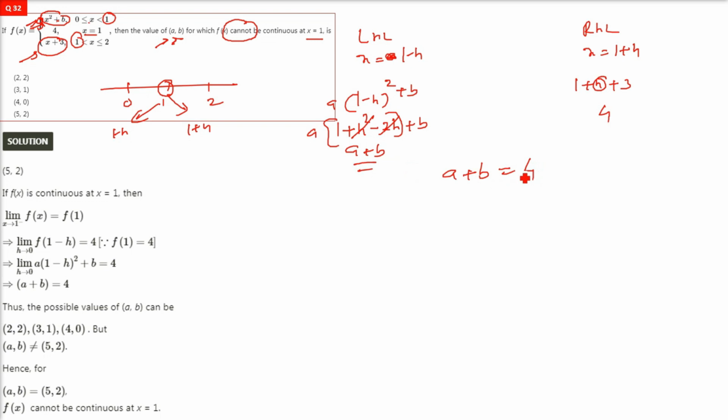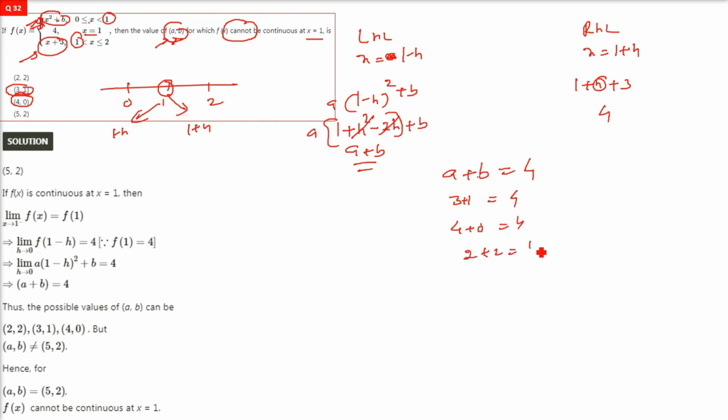That is what LHL equal to RHL equal to the value of the function at x equals 1, which is 4. For which values can this not be continuous? When you add a and b, it should come as 4. It will be okay. Otherwise, it won't be okay. So 3 and 1 you add, it is 4. You add 4 and 0, it is 4. You add 2 and 2, it is 4.